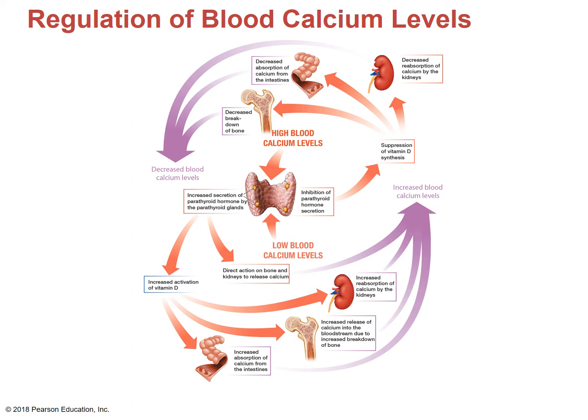So it shows you what happens when you have high blood calcium levels: it decreases the breakdown of bone by osteoclasts, it decreases the absorption of calcium from the intestines, and it decreases the reabsorption of calcium by the kidneys.